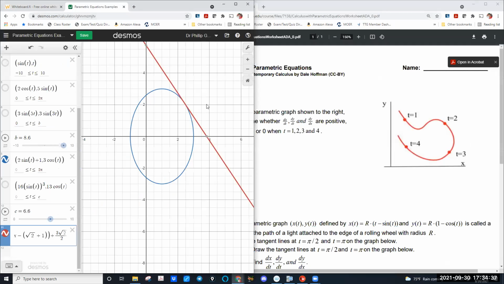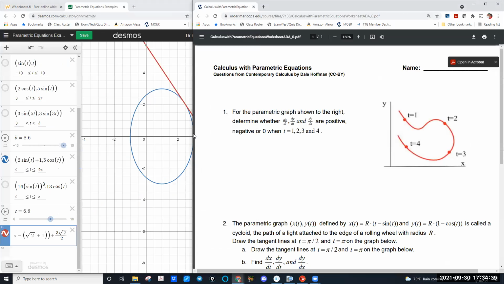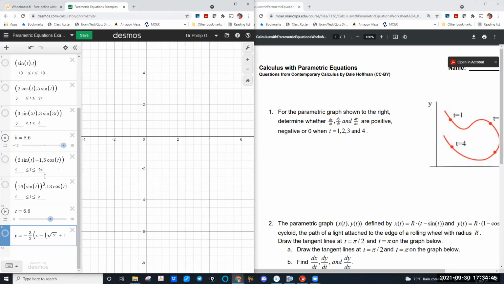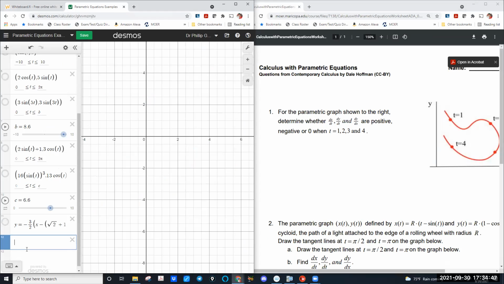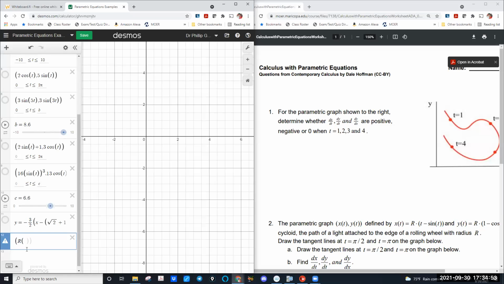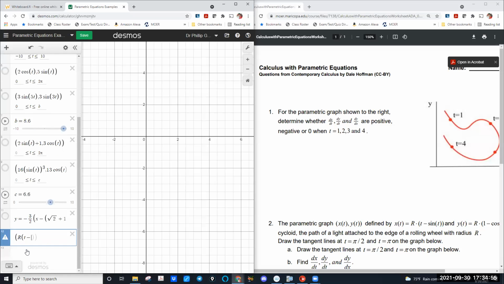So if we're going to use Desmos for this, which I highly recommend, it's a pretty cool program. Let's turn those off. What we can do is we can actually let R be a slider. So what we'll do is we'll let x equal R times t minus sine of t, and see where it says add slider, we'll put R in as a slider.